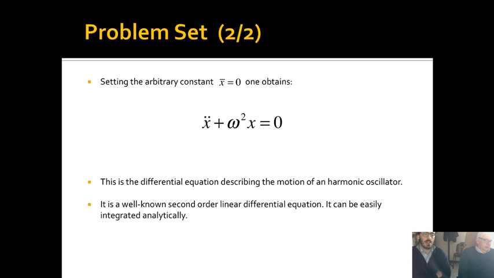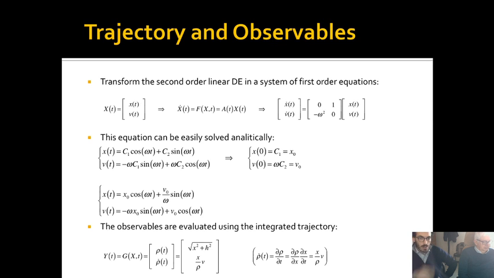So this is a second order system. As I said, we want to estimate the initial conditions, so we want to set up a least squares filter in order to do this. In this case the problem is very easy because the solution of the mass spring system can be known quite easily analytically.